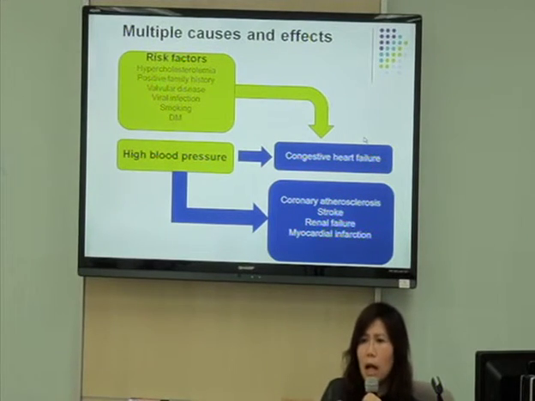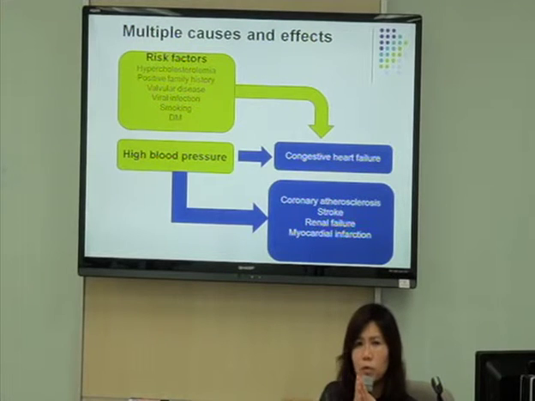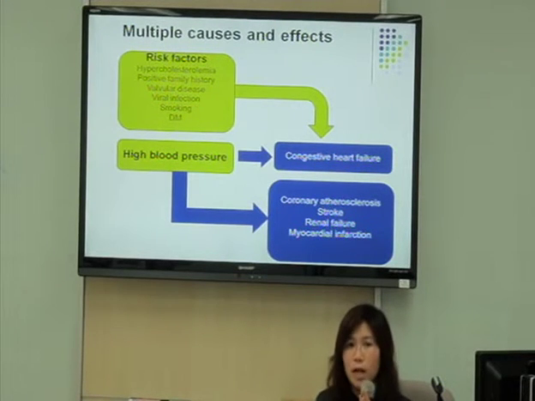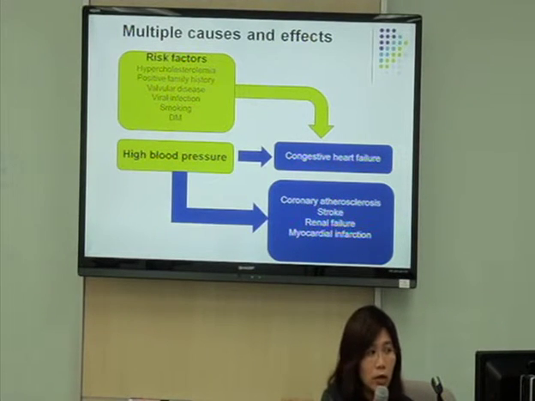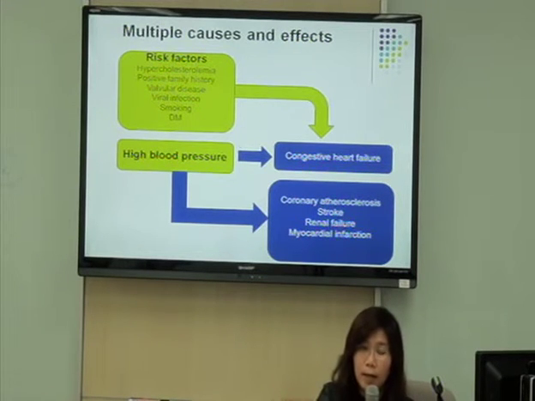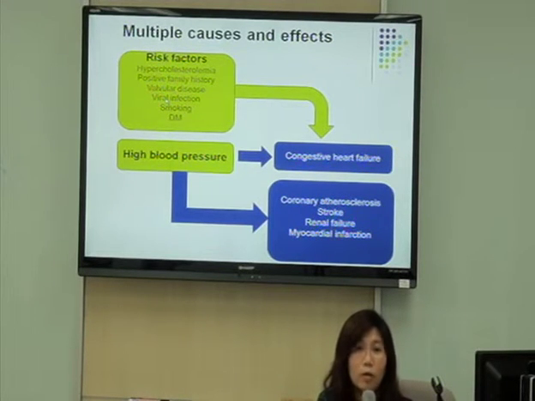But if everything happened together all the time, you cannot claim causality. In this case, at first we did not have congestive heart failure in the cohort study, but we had this health event, whatever you want to call it, or risk factor.